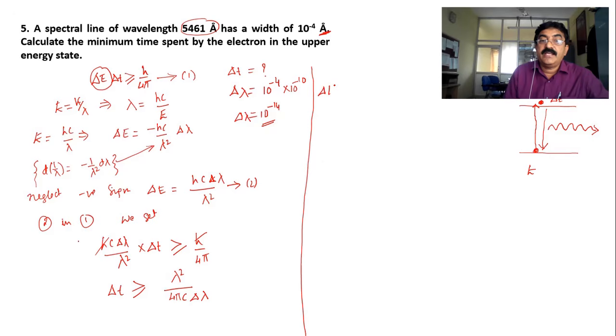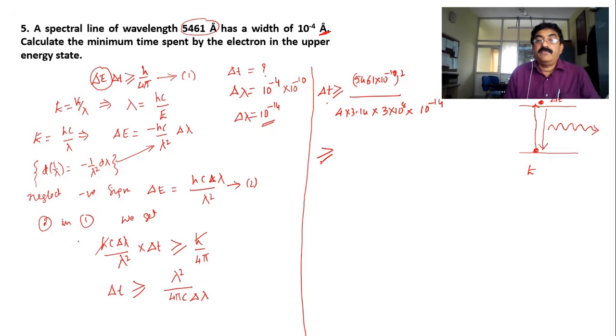So delta t is greater than or equal to lambda, which is given as 5461 into 10 power minus 10 whole square, divided by 4 into 3.14 into c, which is 3 into 10 power 8, into delta lambda, which is 10 power minus 14. Okay, simplify. Let me do it for you.